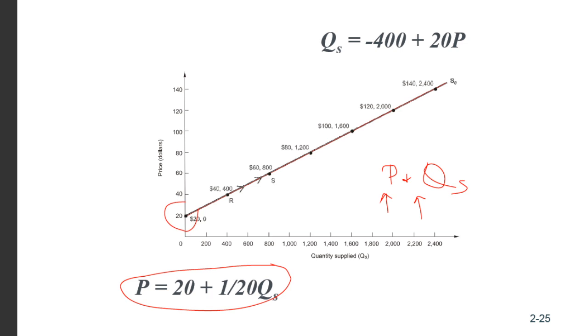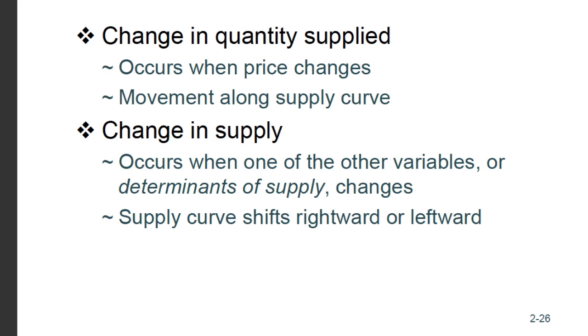However, there are all those other variables. So what's going on with the other variables? Well, the other variables will shift the supply curve. So when one of the other variables or determinants of supply changes, the supply curve shifts, depending on its relationship, the slope parameter being positive or negative. It will shift right or left.